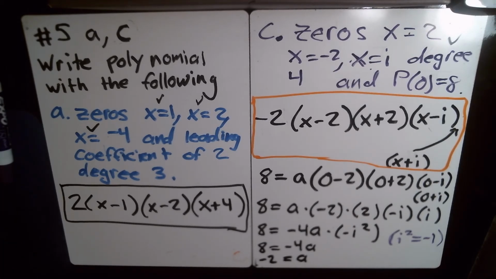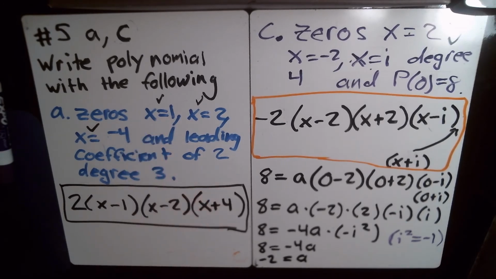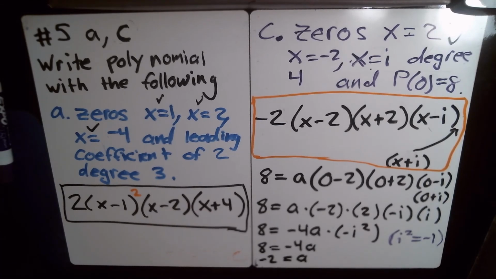One thing I do want to mention, I'm not going to do the other two parts on this, but on part D of this, they talk about multiplicity, okay? If it had told me here that x equals 1 had a multiplicity of 2, that would just mean that I would put a 2 as the power on the x minus 1, right?